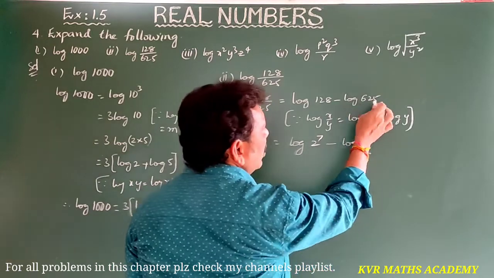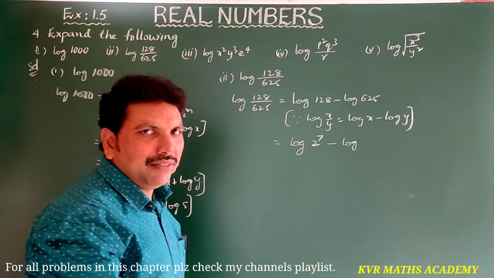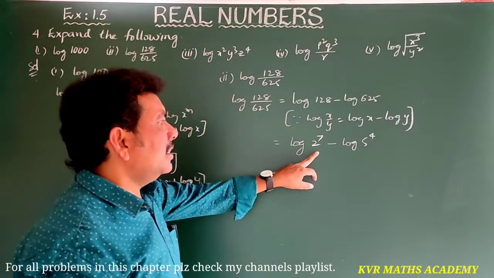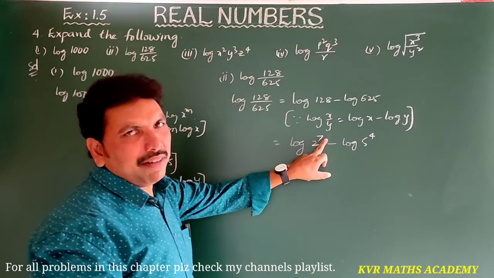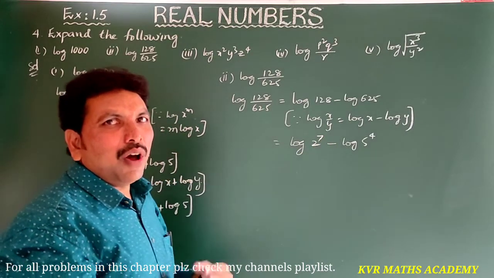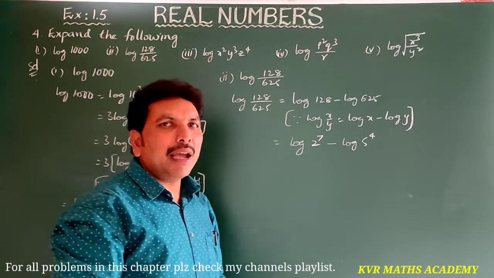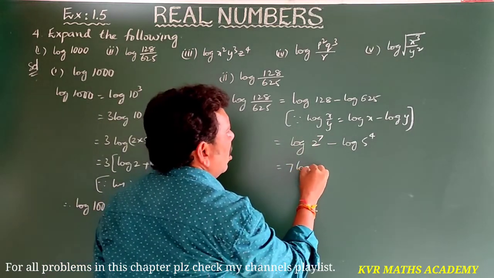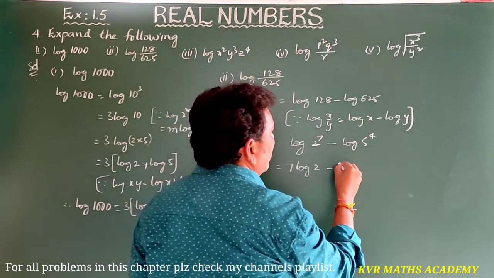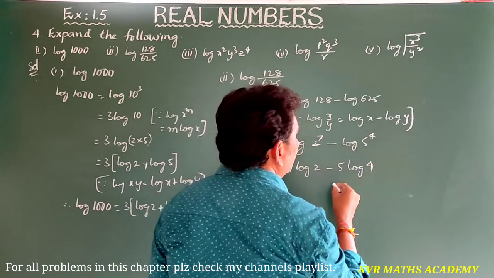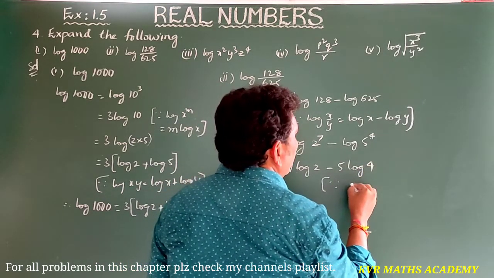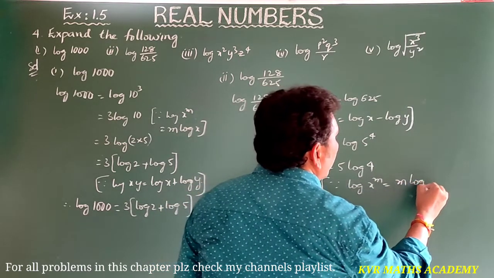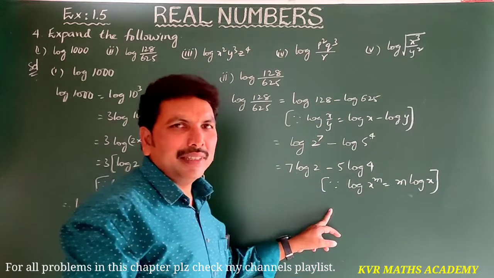Minus log 625. 625 as a power of 5 is 5 power 4. So log 2 power 7, how can you write this? Log x power m is equal to m log x. So this is 7 log 2 minus 4 log 5.